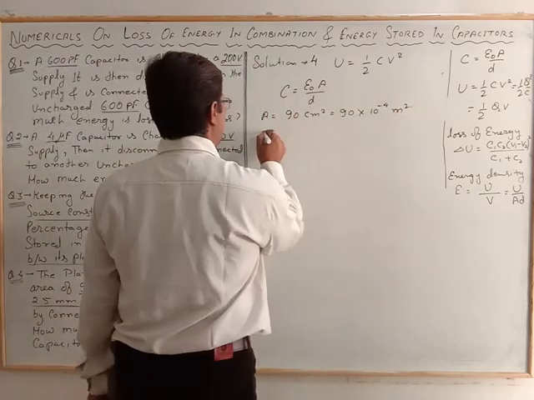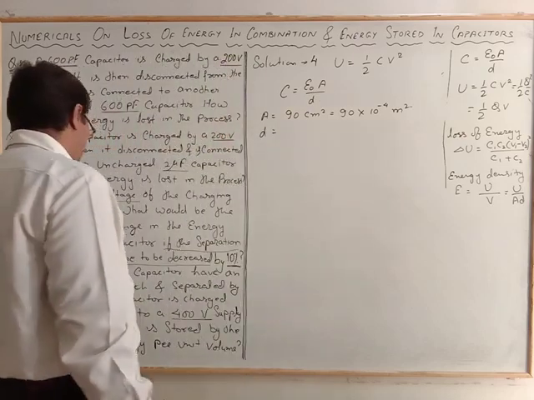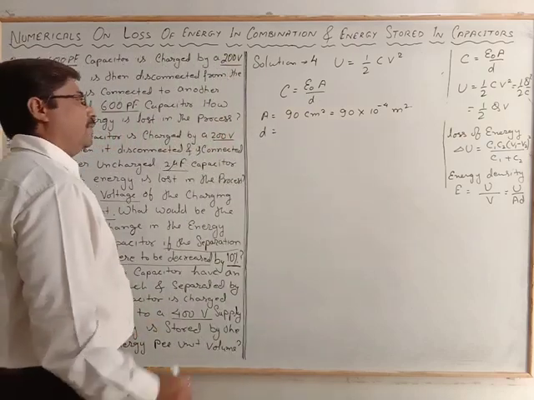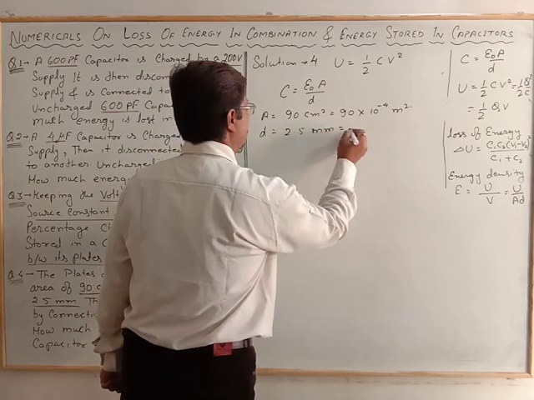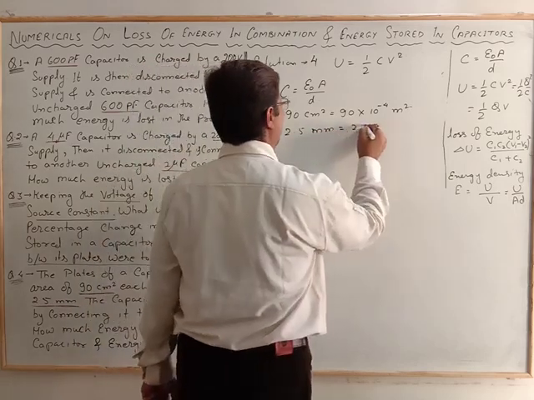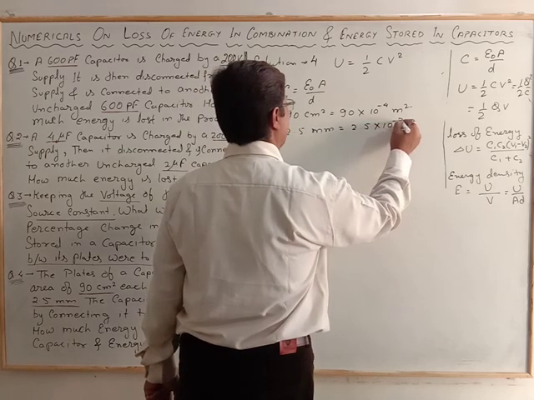Also the distance is given, 2.5 mm, that again changes into meter, that is 2.5 into 10 to the power minus 3 meter.